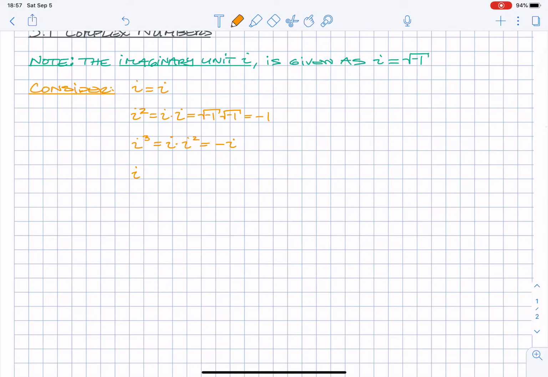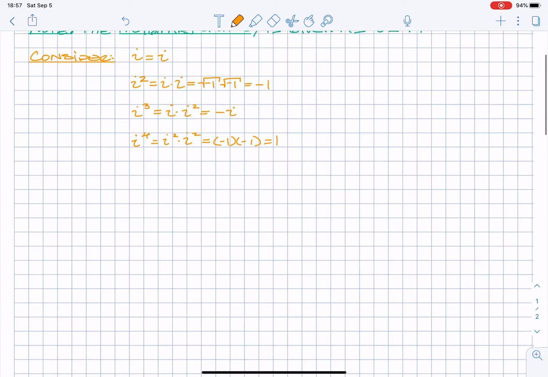And i to the fourth can be thought of as i squared times i squared, or -1 times -1, otherwise known as +1. So what we have is a cycle, because once we get to i to the fifth, that's just i times i to the fourth, which is just i.